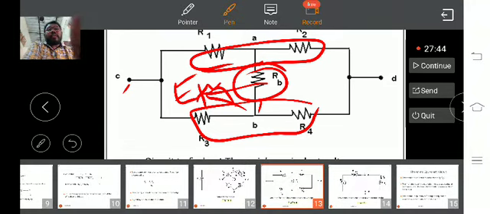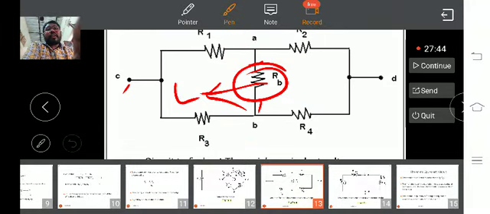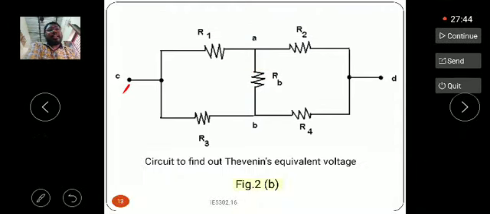In this particular circuit, what you have to observe is that the circuit goes to a balanced condition. Here this is the galvanometer resistor, that is Rg.